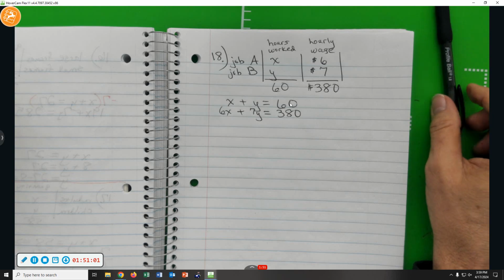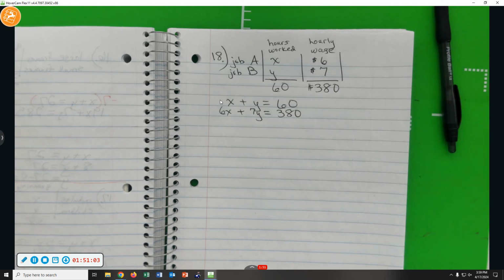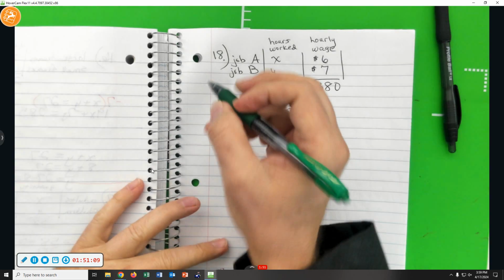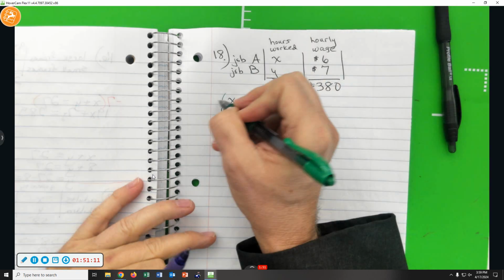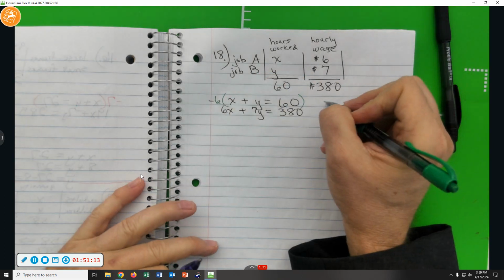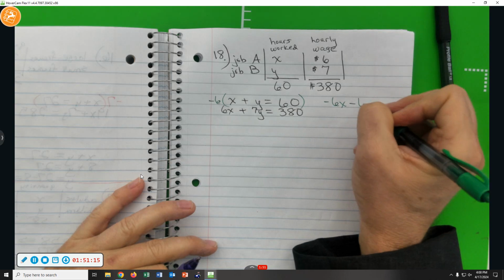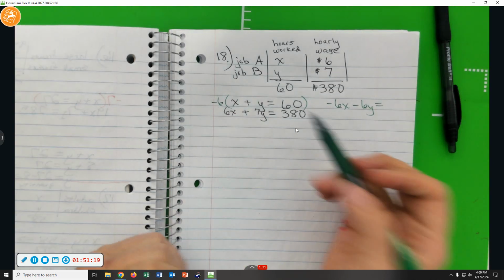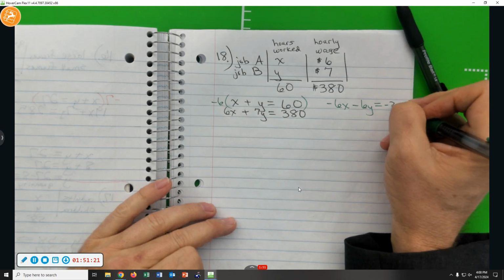Multiply by -6 or multiply by -7? I think -6 would make it just a little bit easier. So we have -6x minus 6y is equal to -6 times 60, which is -360.